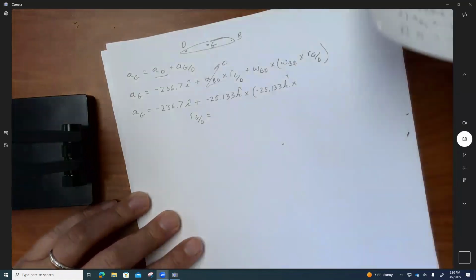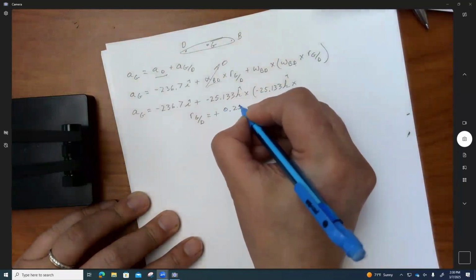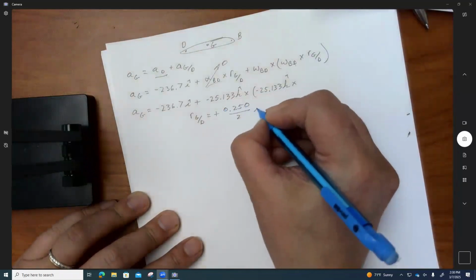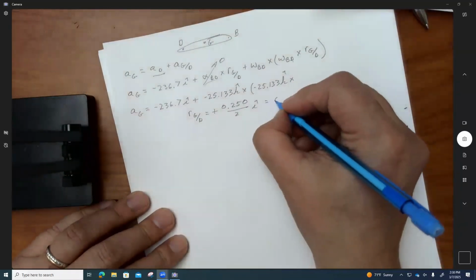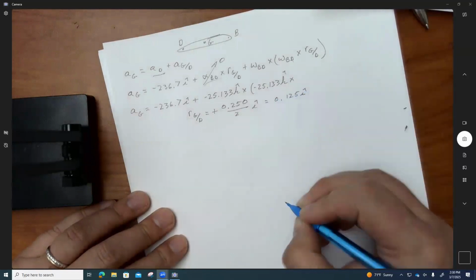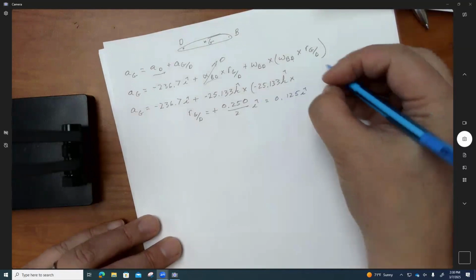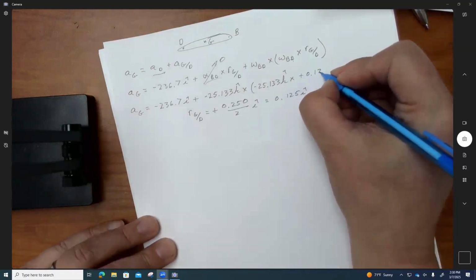So it's going to be a plus half of the length of the rod, and so that's going to be equal to 0.125 i. We can put that in right here, plus 0.125 i.